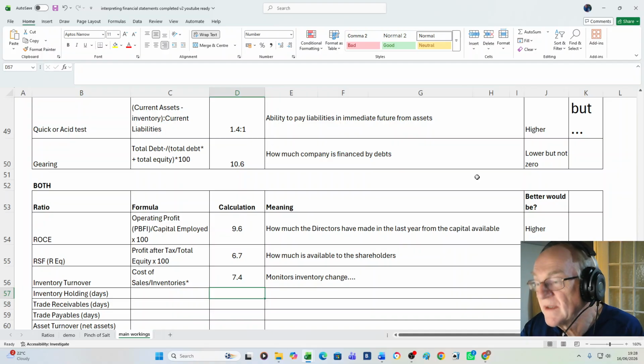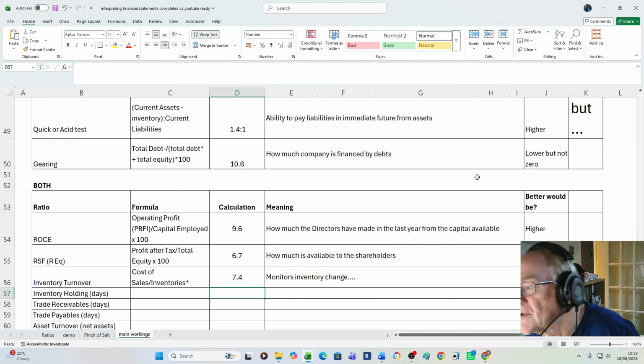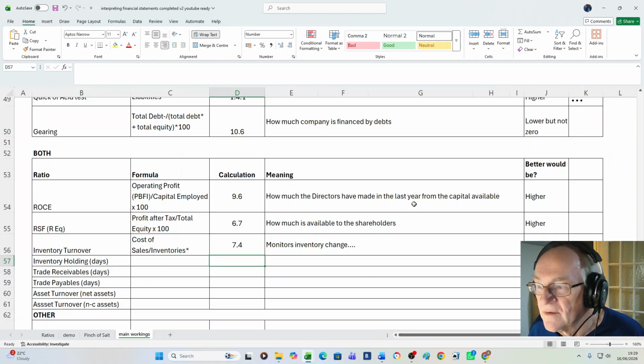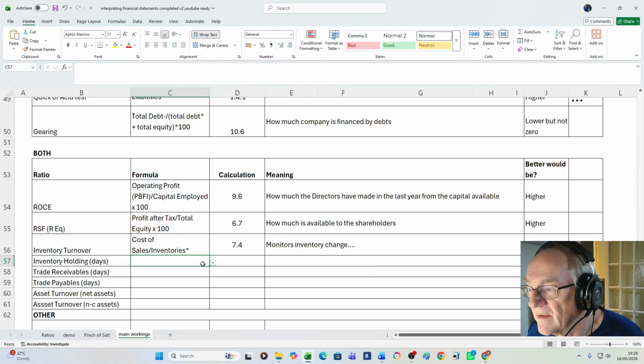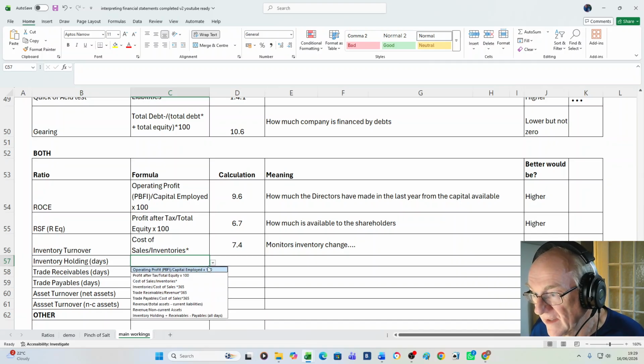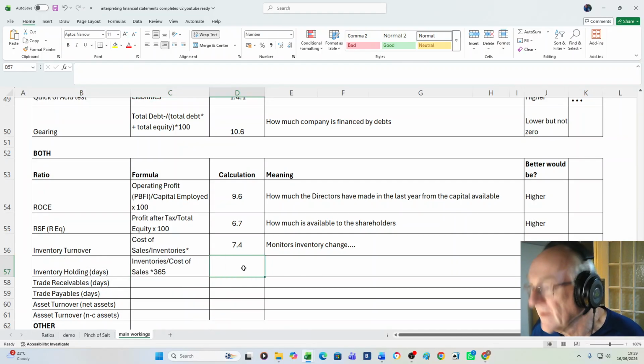Now that is based on closing inventory, which may be very different to opening inventory, so you would have a look at that and check last year's, or maybe even use an average. So the proverbial pinch of salt, and we're going to have a bit more discussion on that later. And then a very similar measure, but we're now going to turn that into days. So we could actually just do 365 divided by 7.4, or we could use this formula, inventories over cost of sales times 365.